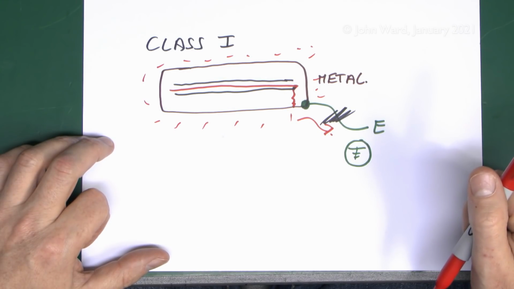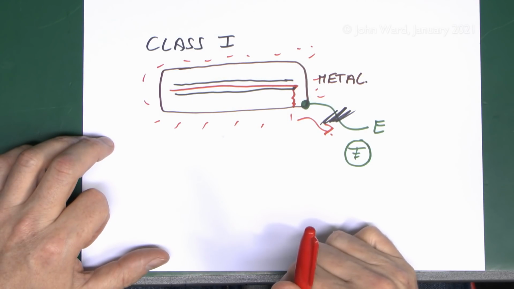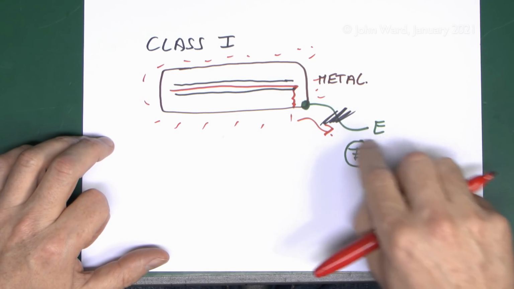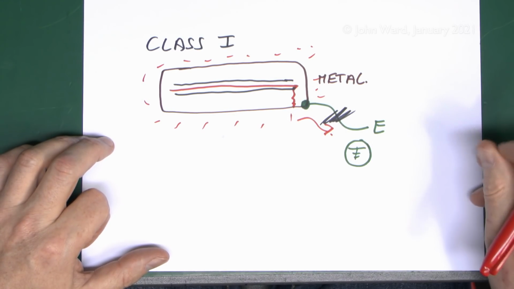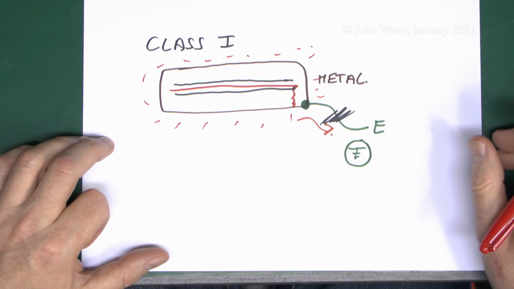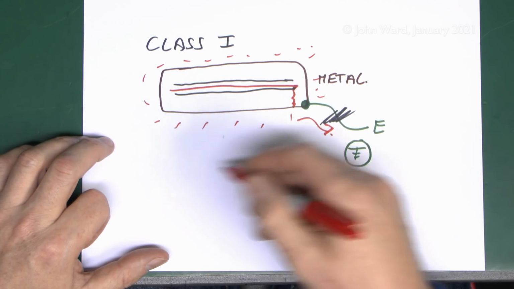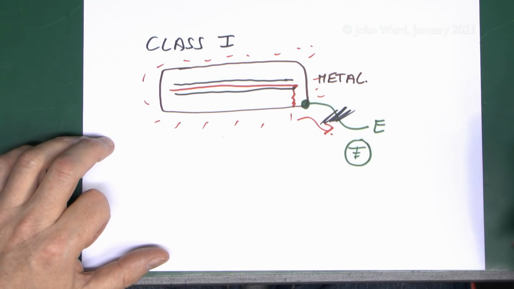Current flows through the person's body and causes serious injury or death. So that is why, for anything with a metal case that is required to be connected to the installation earth, it is absolutely essential that it's done correctly and that it is tested every time. Otherwise it's going to cause an extremely dangerous situation if a problem occurs inside the equipment.